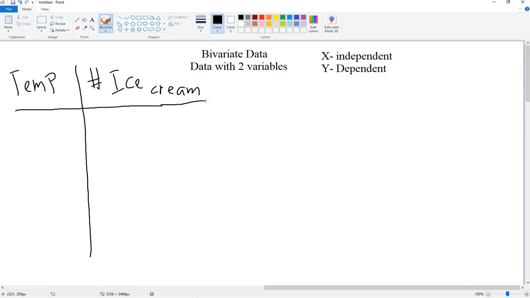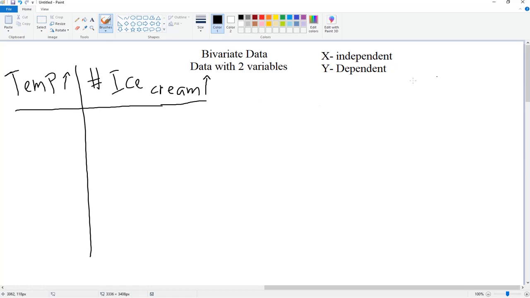I'm just going to leave it as number of ice cream. Now, normally you would assume that as temperature goes up, the number of ice cream also goes up. Now, this is true. There is a relationship between temperature and ice cream sales.